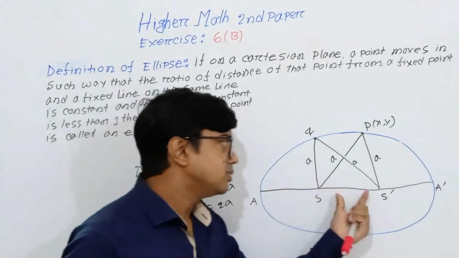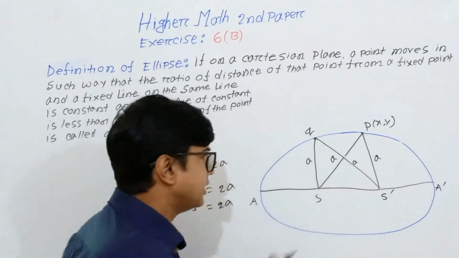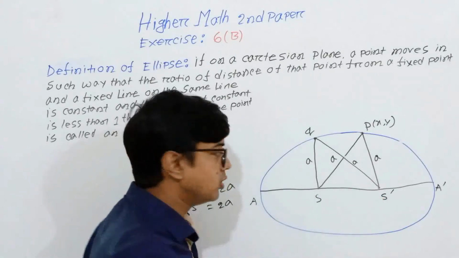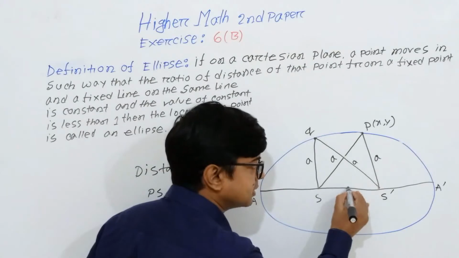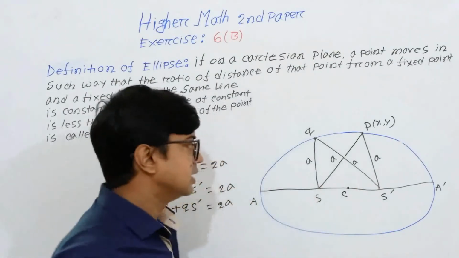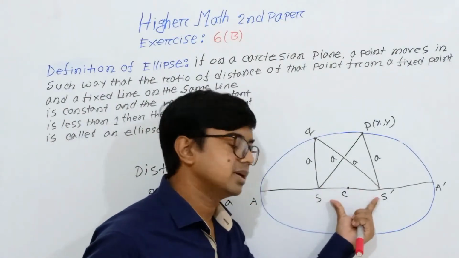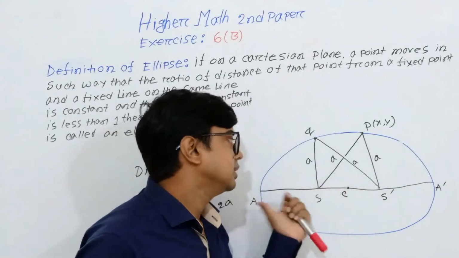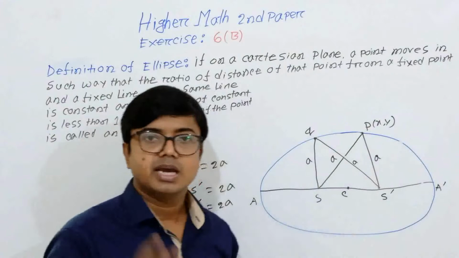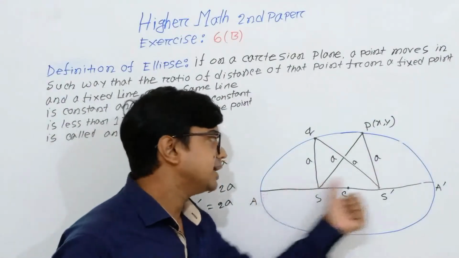The midpoint of the 2 foci S and S prime is here. This point is C. This is the midpoint of S and S prime, and also the midpoint of A and A prime.